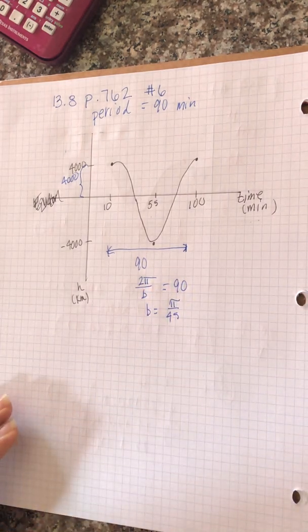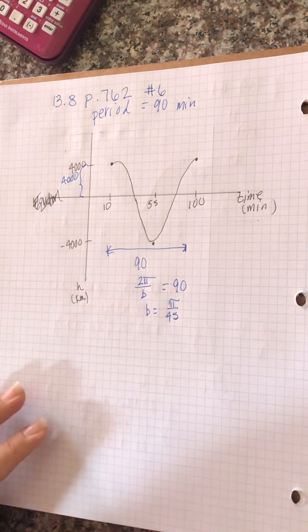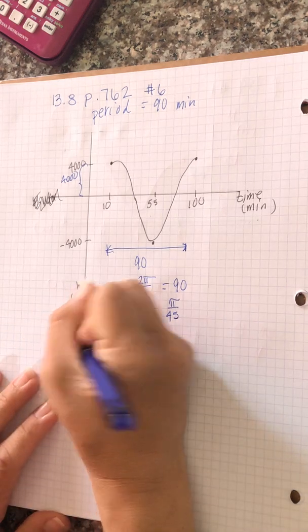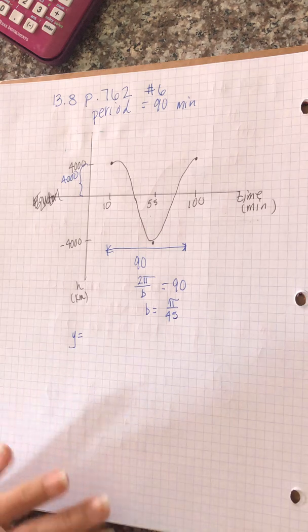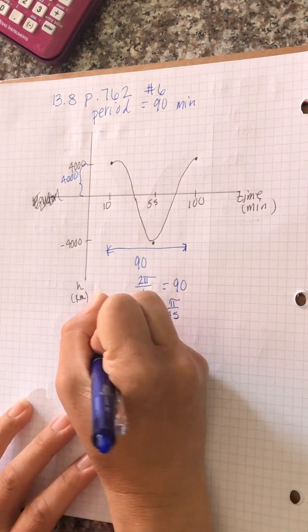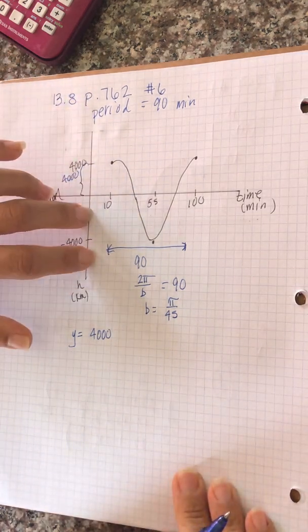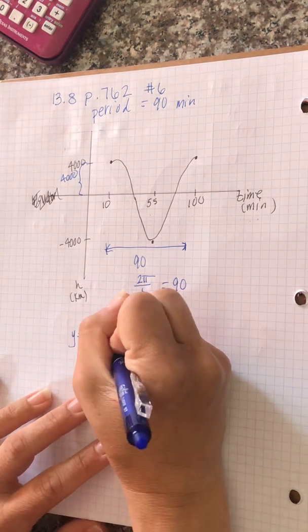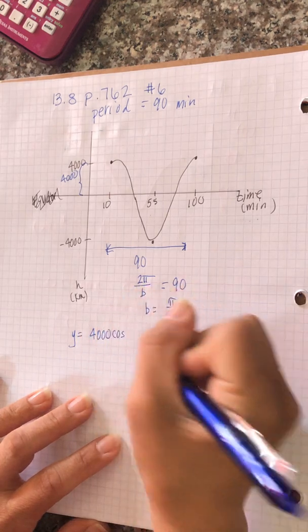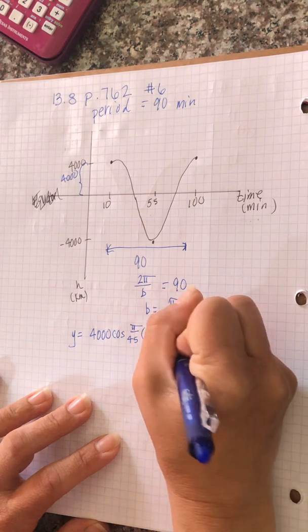And if I'm wrong, I won't know it. You're probably screaming at me, Miss Babiak, it's not 45. But I think it is. I'm pretty confident in my 45. So the amplitude is 4,000. Again, there is no vertical shift, so I don't need to say 20 plus 4,000 or 16 plus 4,000. It's just flat out 4,000, which is great. And then this is the cosine of pi over 45 times theta minus 10.